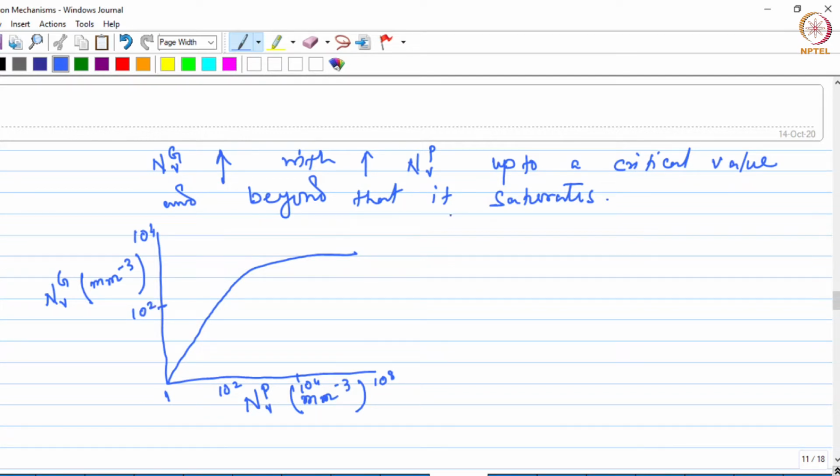So what it means is, beyond saturation, all particles do not act as nucleation sites.